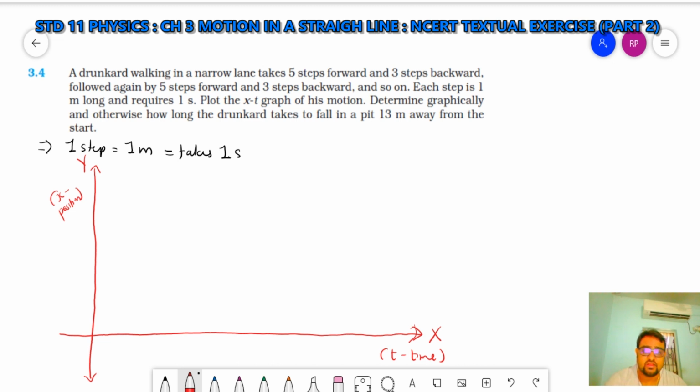Now the question is graphically how much time it will take for the drunkard to fall in the pit. There was a pit 13 meters away, so I need to make a length of 13. I write down 1, 2, 3, 4, 5, 6, 7, 8, 9, 10, 11, 12, 13.